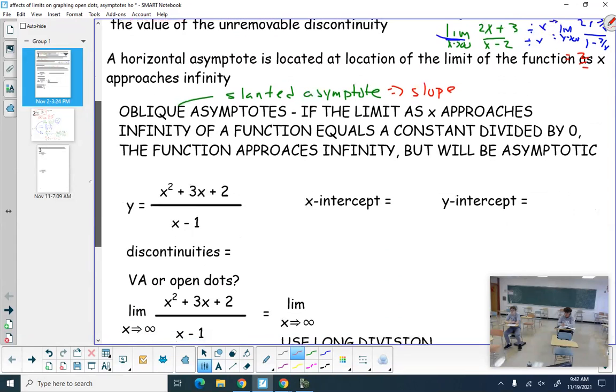How do we figure out our oblique asymptote? It will occur at the quotient. We take a look at the quotient of the function.